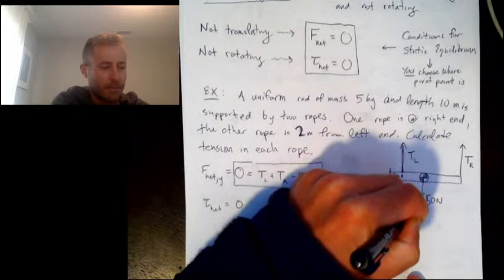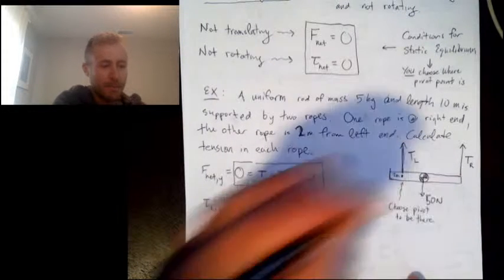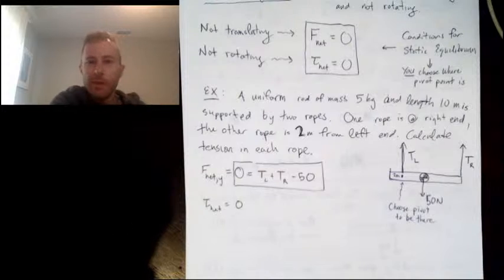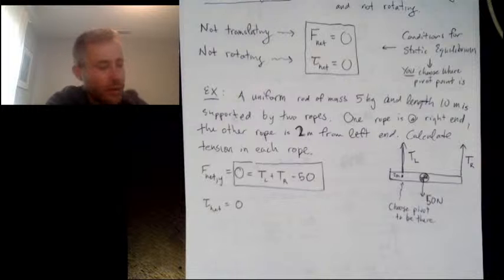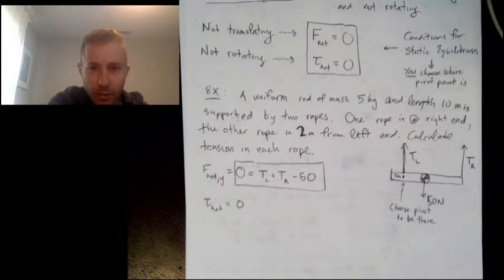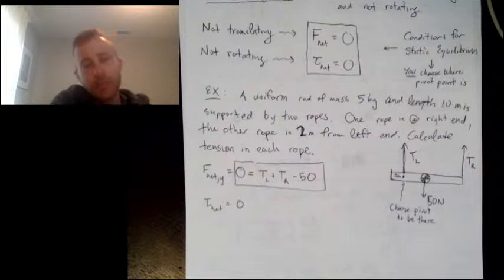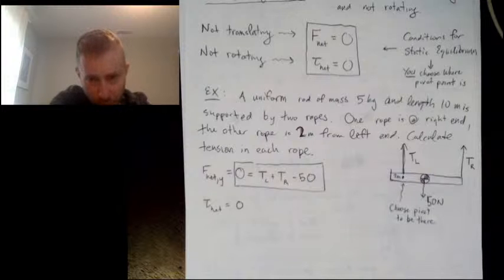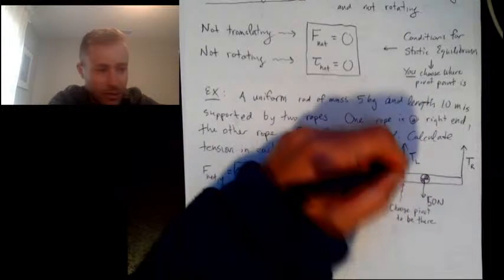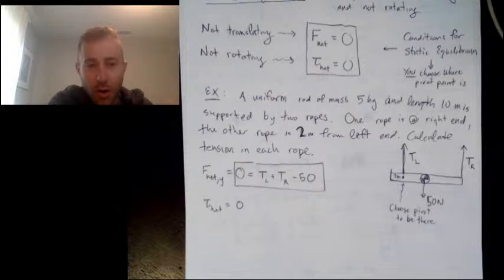My advice to you is always choose the pivot point to be at the location of one of the forces. It doesn't matter which one it is. Because if you choose the pivot point at the location of one of the forces, then that force doesn't have a torque because it would have an R of 0.